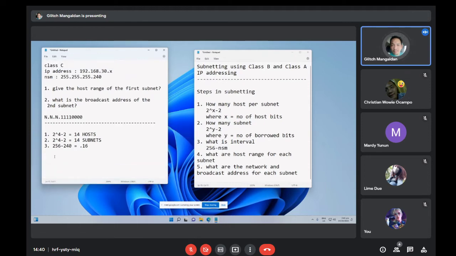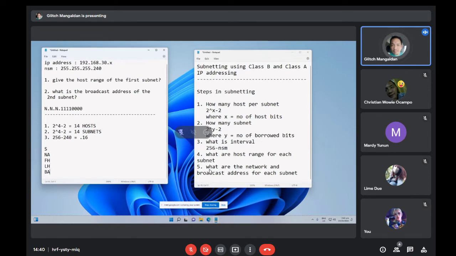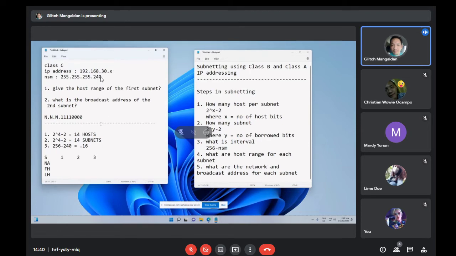So ang table natin, remember, meron tayong S, meron tayong NA, meron tayong FH, first host, we have LH, the last host, and we have the BA, which is the broadcast address. Okay, so this represents subnet 1, subnet 2, subnet 3, and so on. Ilan bang subnet lahat yan? What is the total subnets? 14. So, huwag nyo nang tapusin yung 14. Kasi ito, first subnet lang naman ang kailangan, tsaka second subnet. So, dito lang maglalaro yung value.